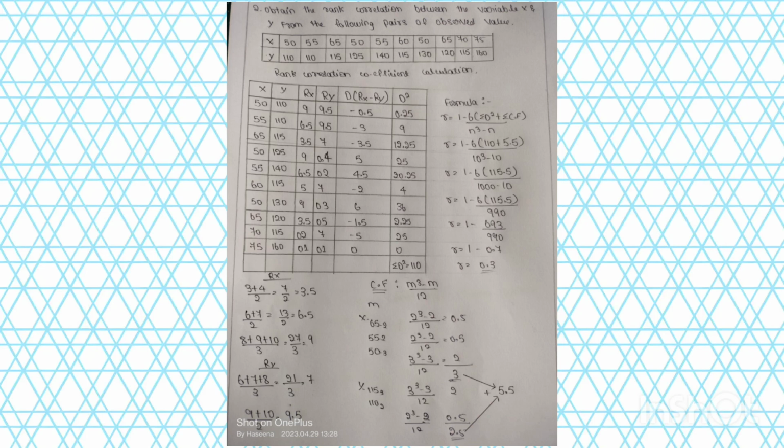This 115 will be multiplied by 6, which will give a value of 693. This 693 will be divided by 990. It will give a value of 0.7. At last, we will subtract 0.7 from 1. It will give a value of r is equal to 0.3, which is the answer. Here we got a low positive correlation.